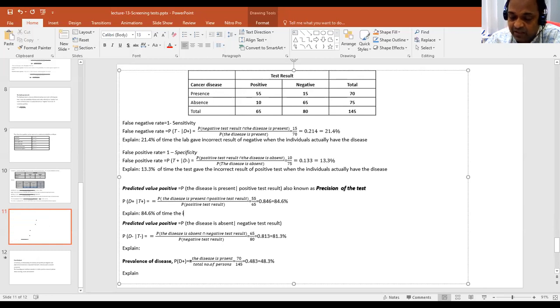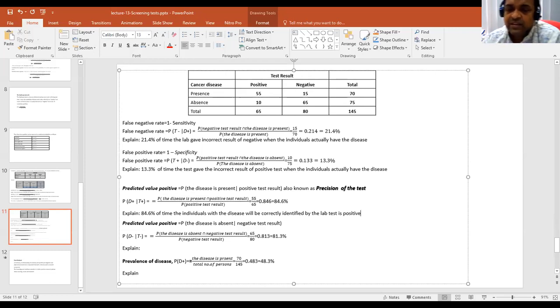The individuals with the disease will be correctly identified by the lab test as positive.